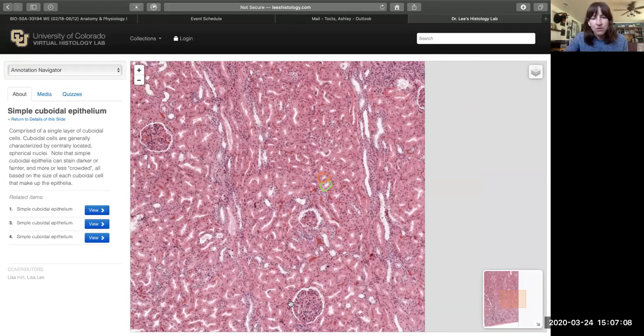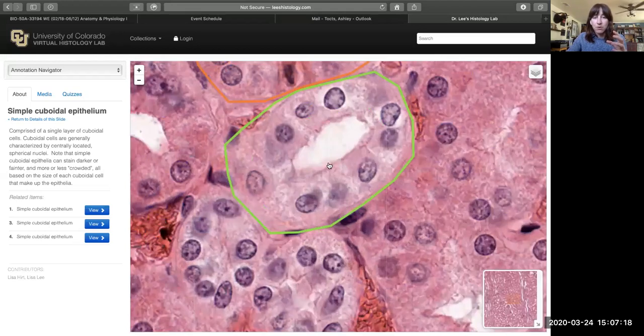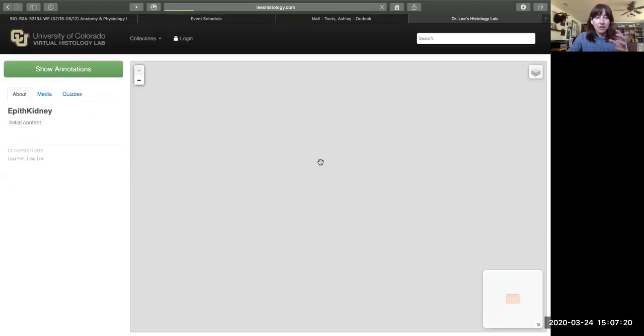That's going to have simple squamous epithelium. But later on, after the Bowman's capsule, it goes into a tube, and that tube is going to be made up of simple cuboidal epithelium.